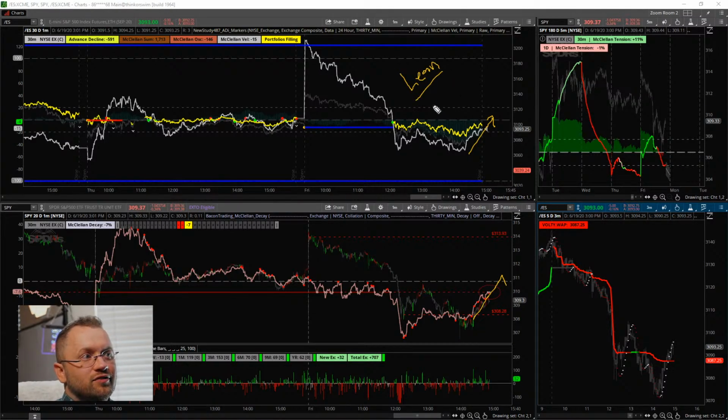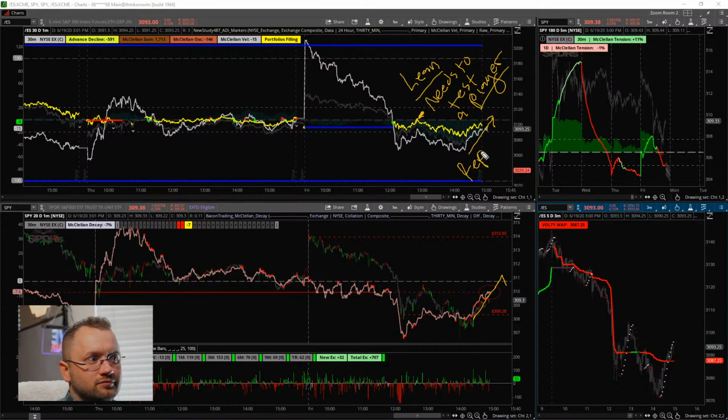So the market sort of needs to test a player. I say a player, but I mean like one side. And that need says, okay, well, we know you're going to sort of do that. Well, let's go there. And then it starts to reprice. And repricing is different than rallying.